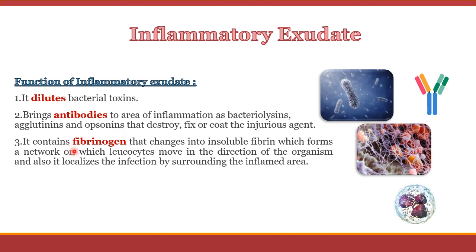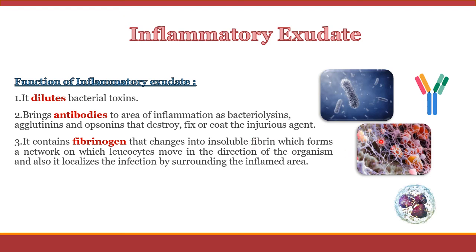The third function of the inflammatory exudate is that it contains amounts of fibrinogen. When fibrinogen gets out of the blood vessel, it will change through a reaction into fibrin. Fibrin will be like threads. It will form a network like a spider web. This network in the area of the inflammation is very important.